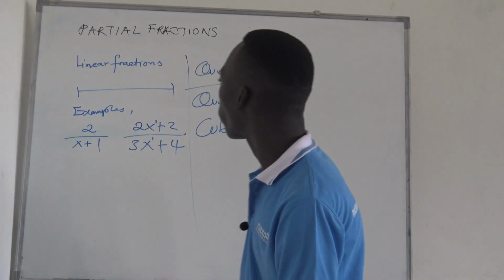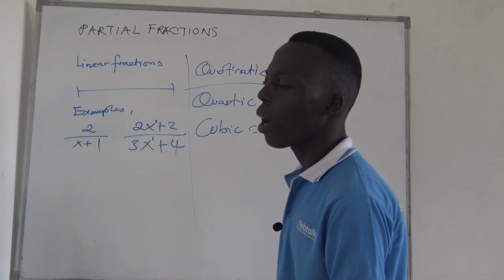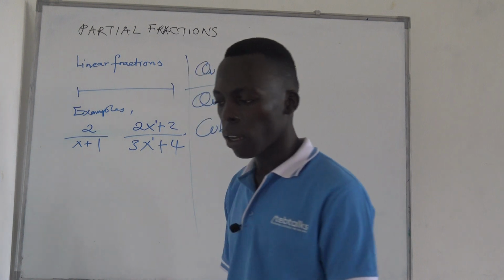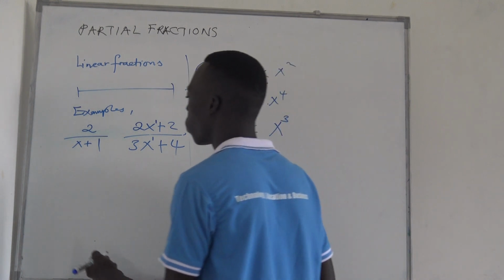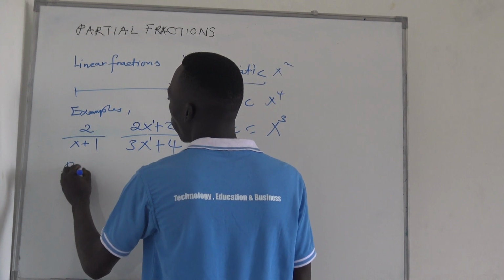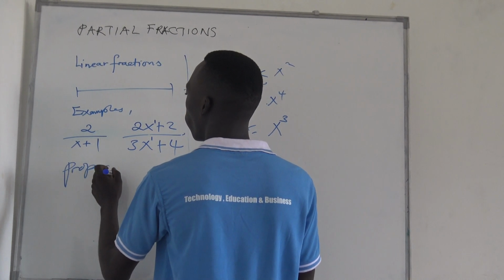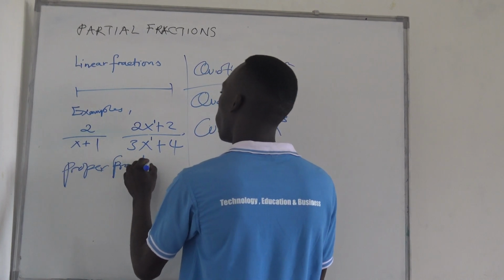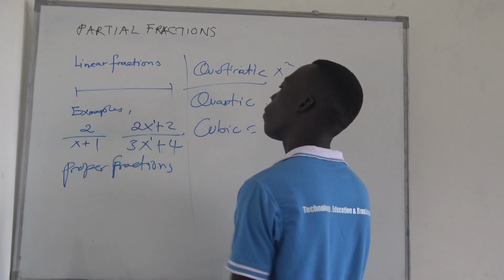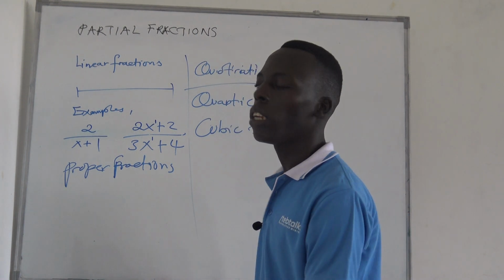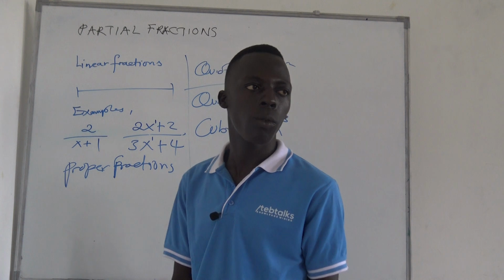So, having seen that one, we shall see we have other kinds of fraction which we deal with. The first one, from the ordinary fractions which we know, is the proper fraction. For these ones, the numerator is less than the denominator in degree.